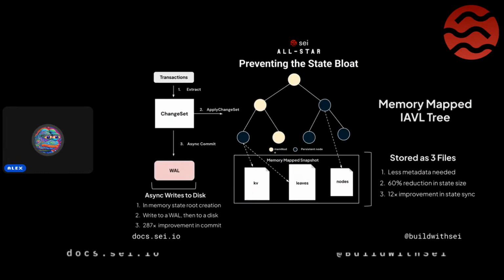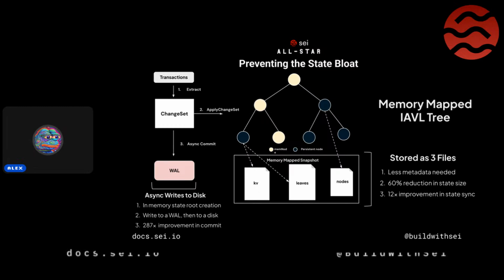So how do we prevent this state bloat? The idea is pretty simple itself, but it's really hard to execute on. But we achieved that, and it's a really, really clever idea to prevent that state bloat.